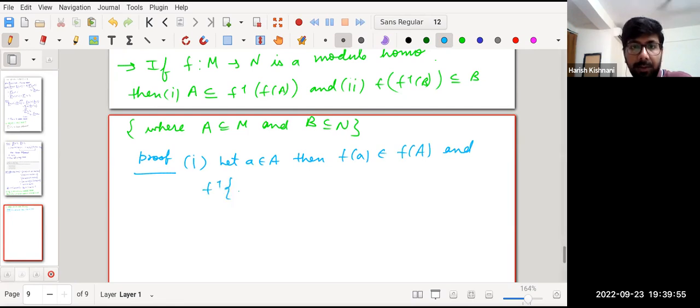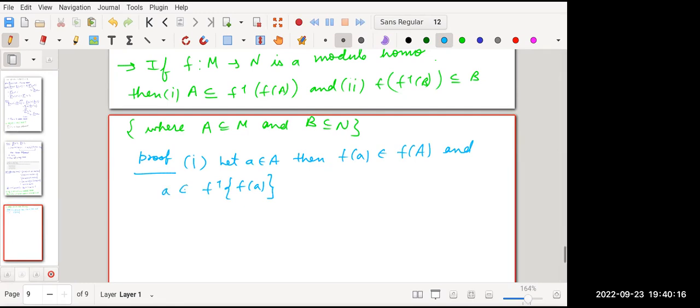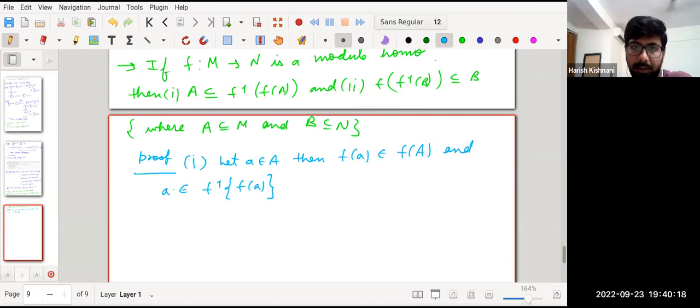Here I'm not saying that it's an isomorphism, but you can just look at the fibers, the inverse image, all possible inverses of f(a). There may be more than one, because it need not be injective, but at least a is there. A is one of the pre-images of f of a. Okay, so what happens?